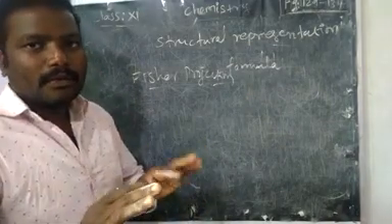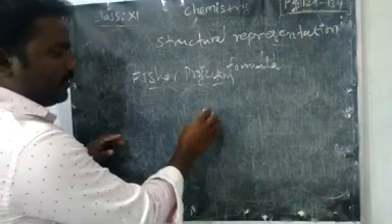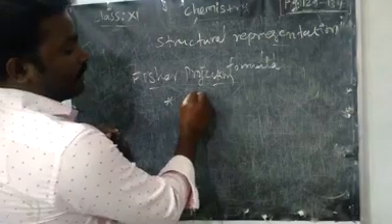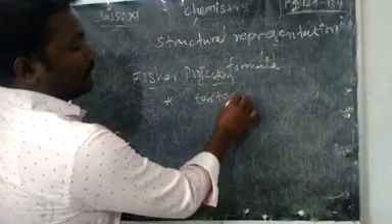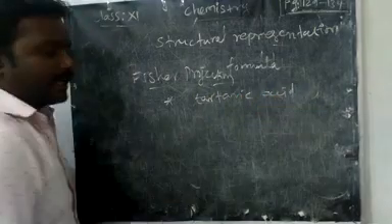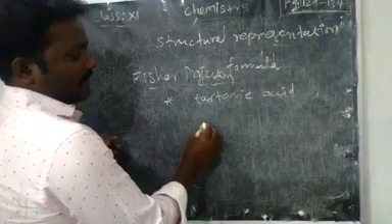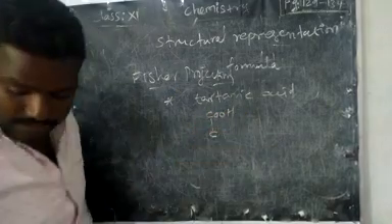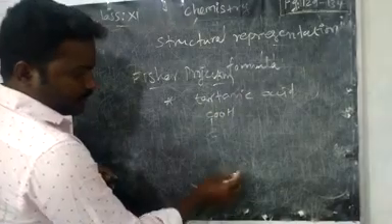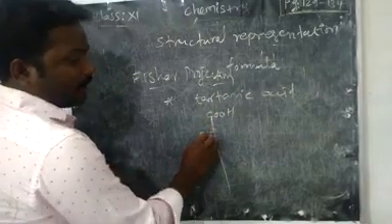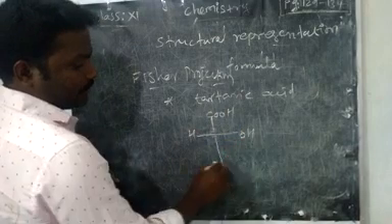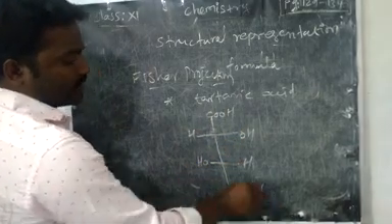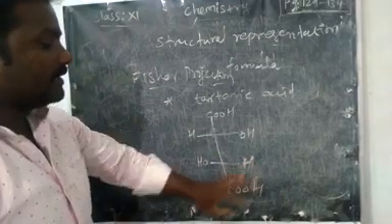We will write the horizontal for tartaric acid. If you see the example, you could understand. For tartaric acid, I am going to write the Fischer projection formula, with chiral carbons: H, OH, OH, H, COOH. In this structure, listen carefully.